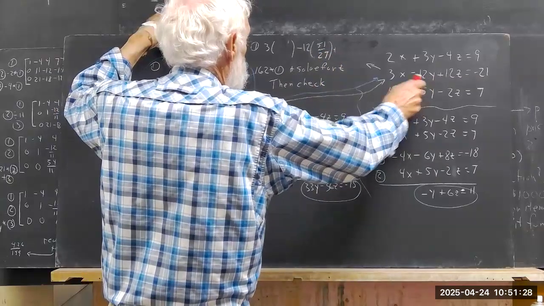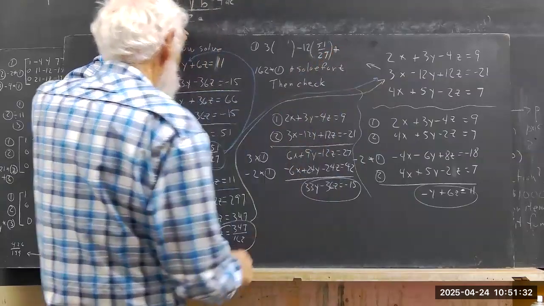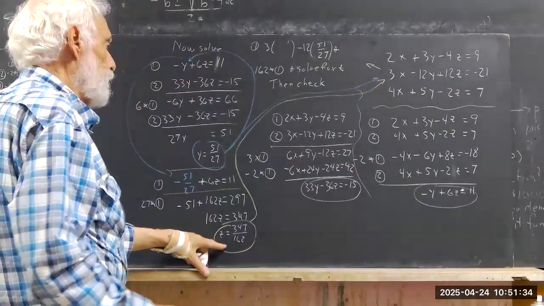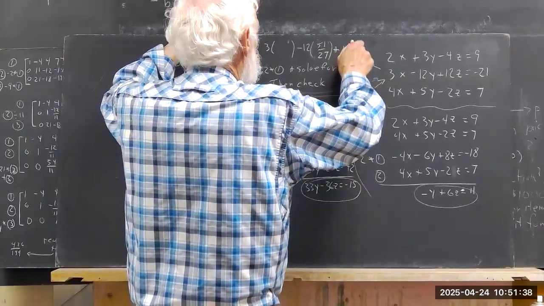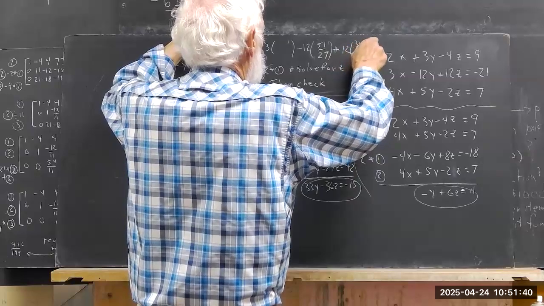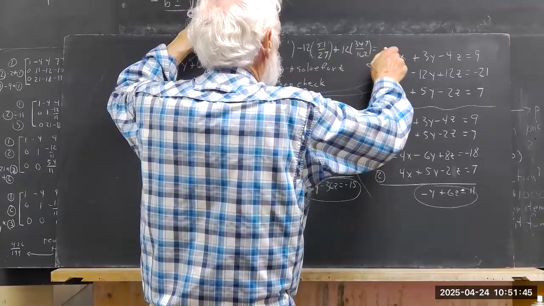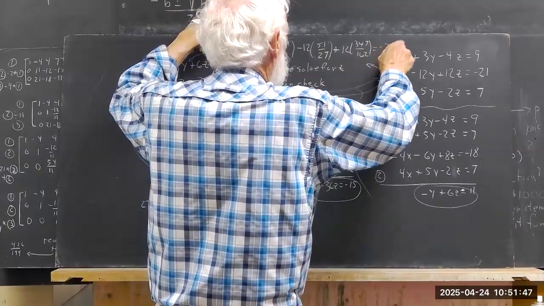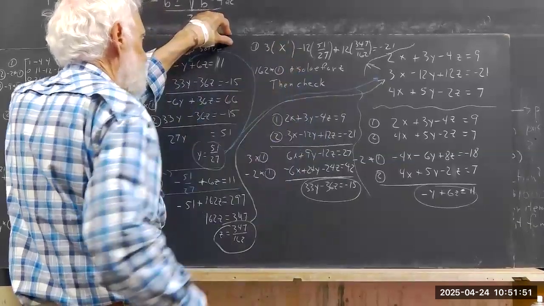So the minus 12, y was minus 12 times 51 over 27. And z was 347 over 162. And x was still unknown.